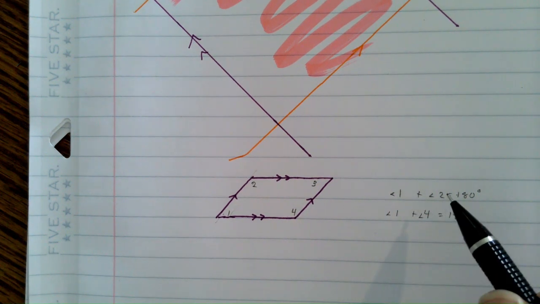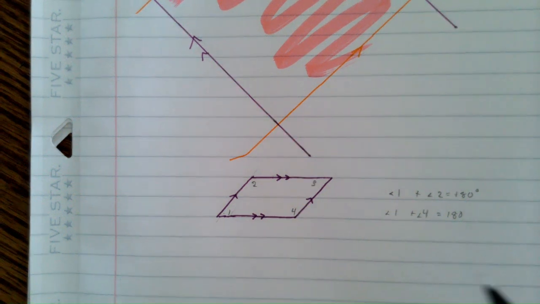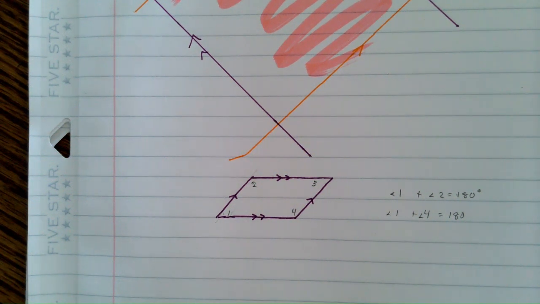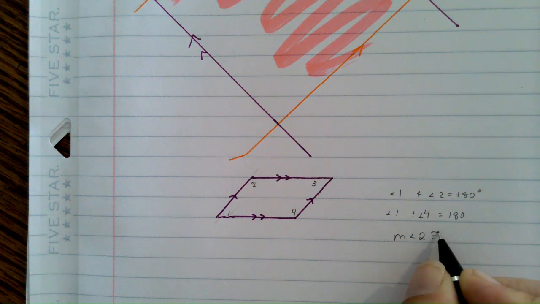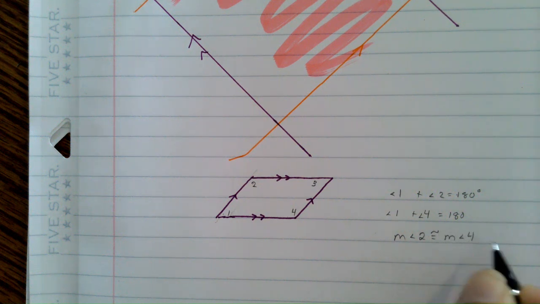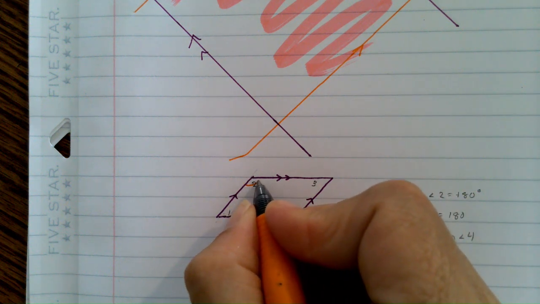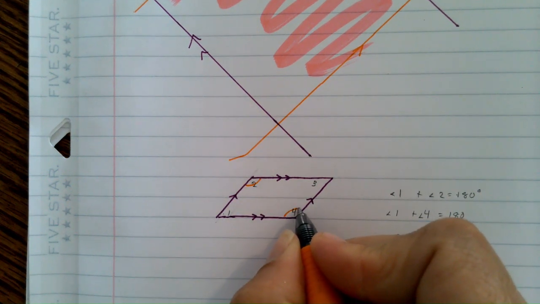So 1 and 2 are supplementary, 1 and 4 are supplementary. Therefore, because 2 and 4 are supplementary to angle 1, by the supplement theorem or by substitution, either one, we can now find that the measure of angle 2 is congruent to the measure of angle 4. So we have this is congruent to that.